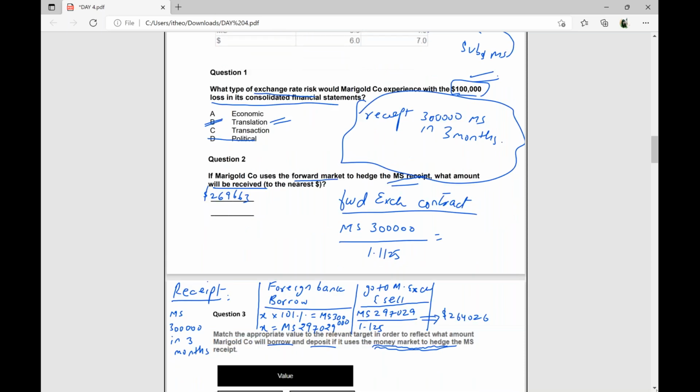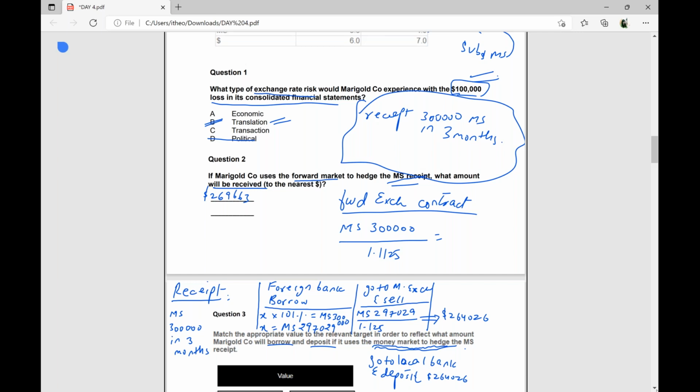And the third step says, when you get dollars, go to the local bank and deposit these dollars. Now what will happen?